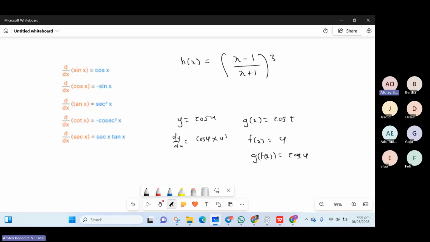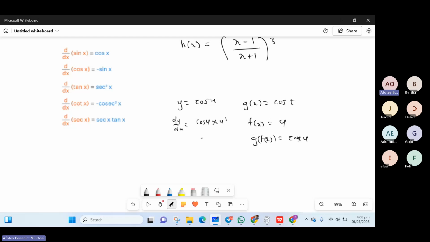But in the case of x, please let's follow at this point. It's very important. For the case of x, we have y is equal to cos of x, and we, oh sorry, this is sine rather. Oh, no one corrected me. So the differential of cos is negative sine of x, right? So negative sine of u and u prime.